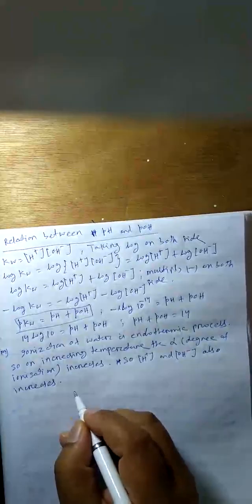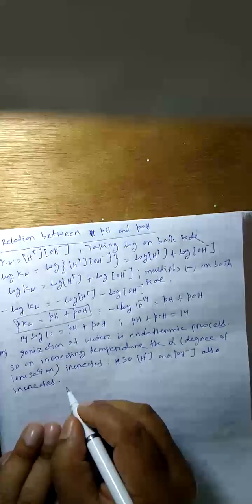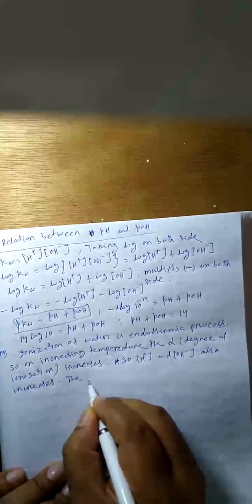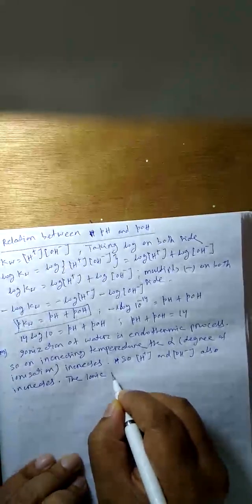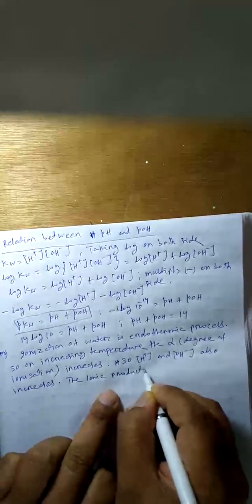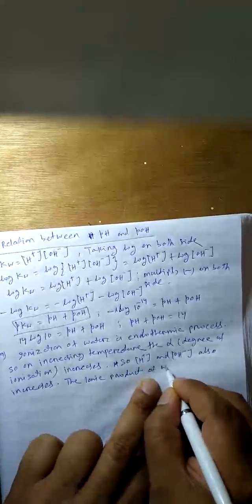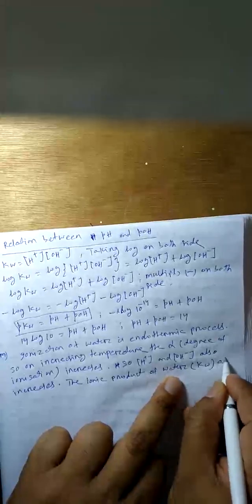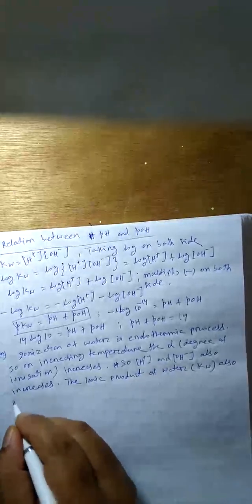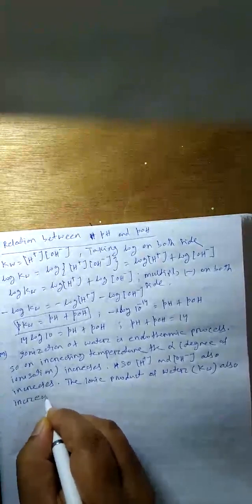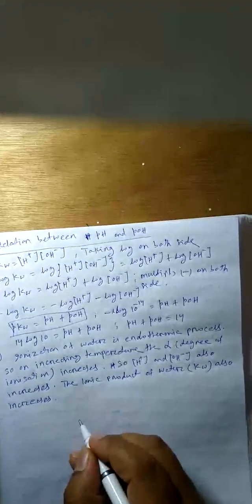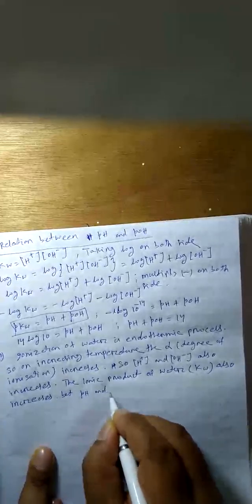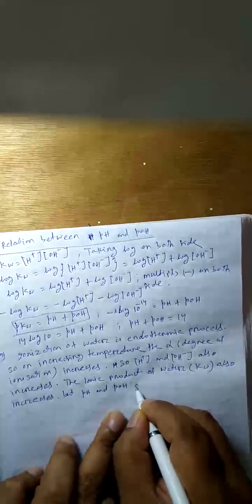The Kw, the ionic product of water, also increases, but pH and pOH decrease.